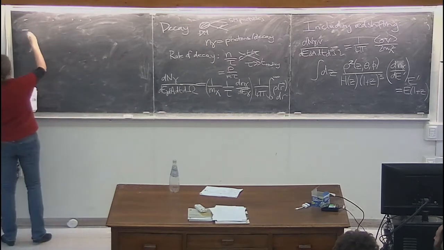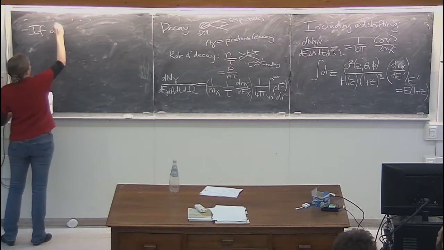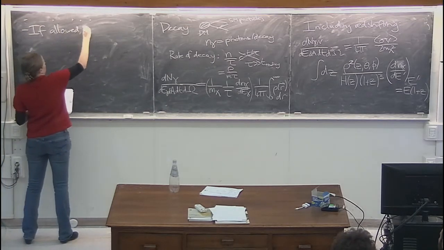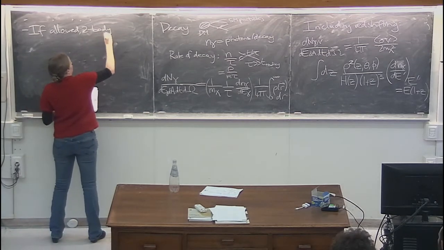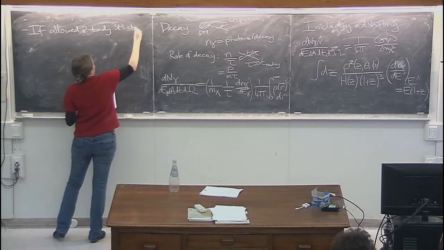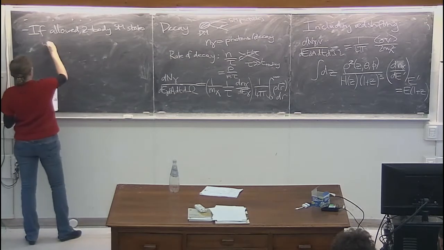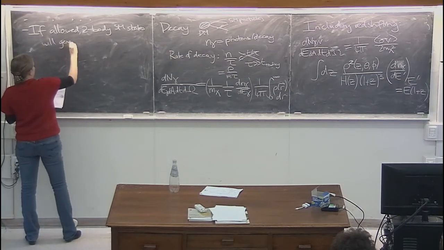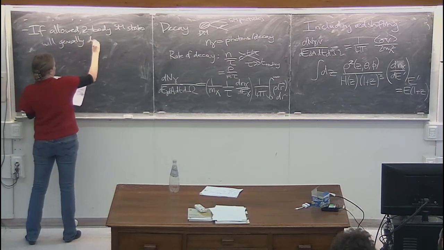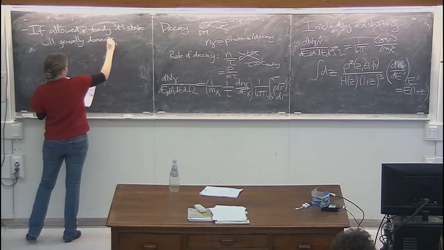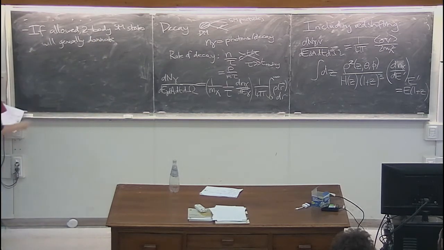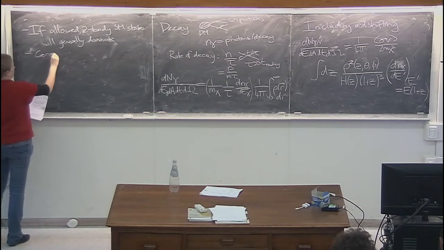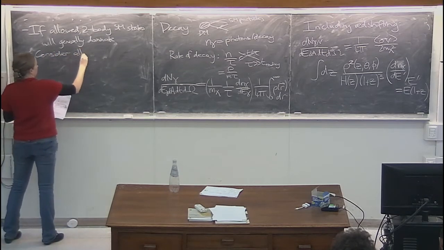So if allowed, two-body standard model states will generally dominate. And so then what you can do is just consider all the possible two-particle standard model final states.